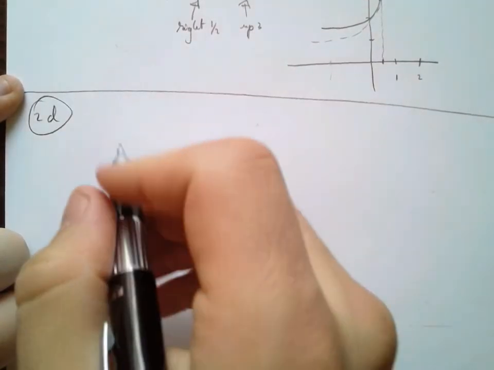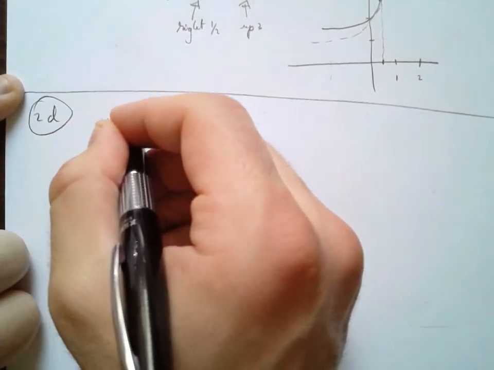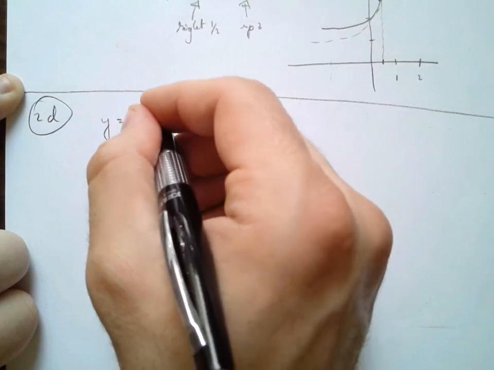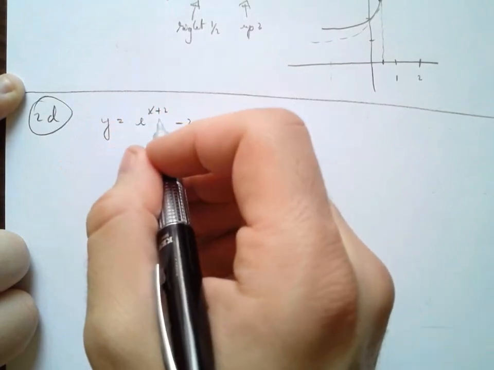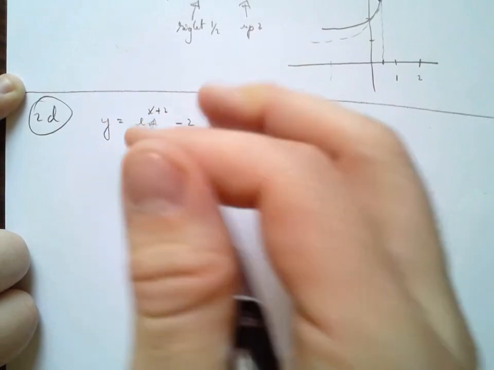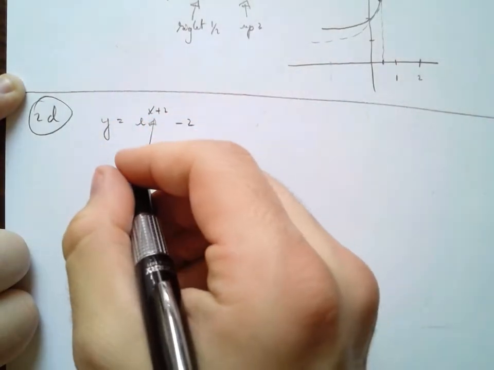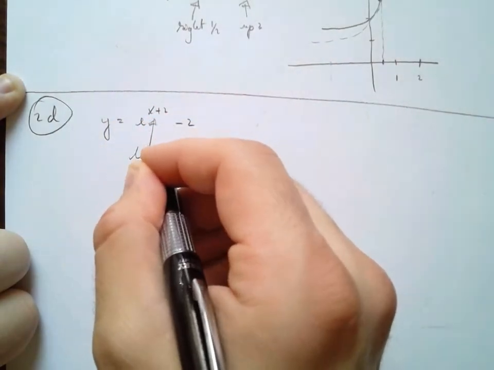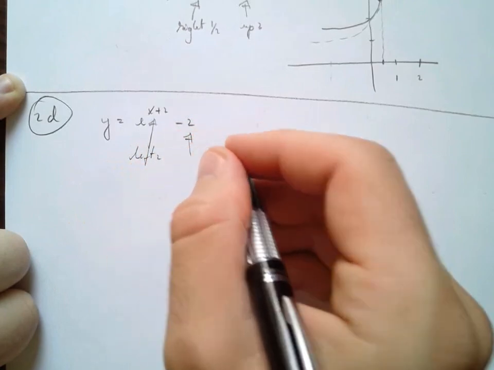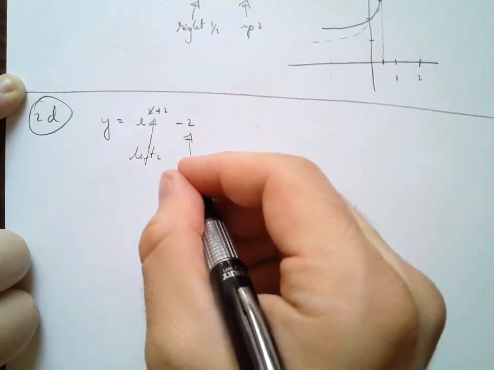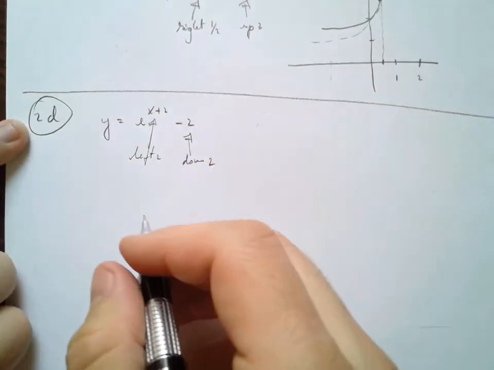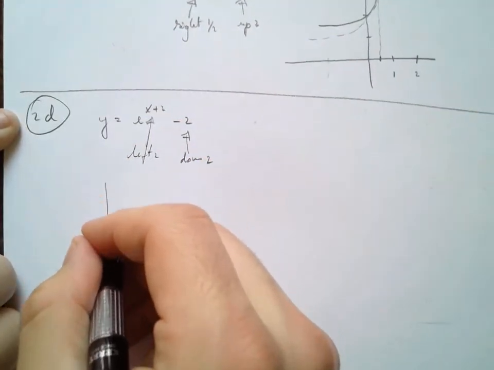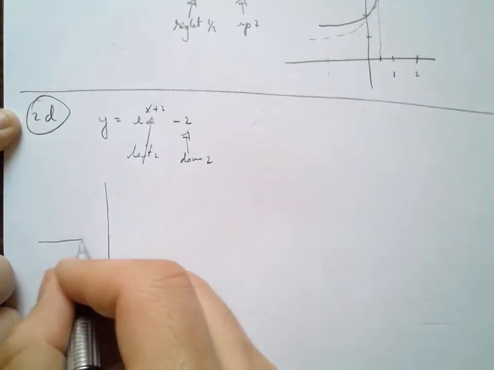And this one should be fairly simple. First, I'm looking at y is e to the x plus 2, minus 2. So automatically I notice that I have a left shift of 2 units, and I have a downshift of 2 units. And what that looks like is basically like this, right?